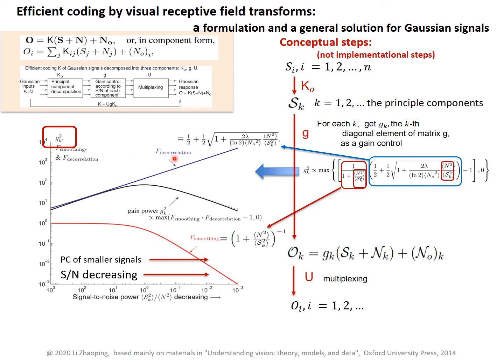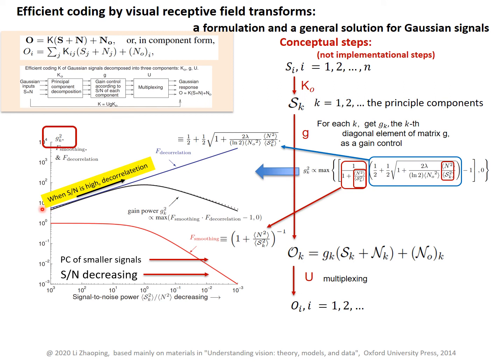And F decorrelation follows this blue curve. It actually does the opposite. As the signal gets weaker, it increases, because it does the decorrelation, since the small principal components represent less correlated input signals. So as a result, the GK value follows this black curve.